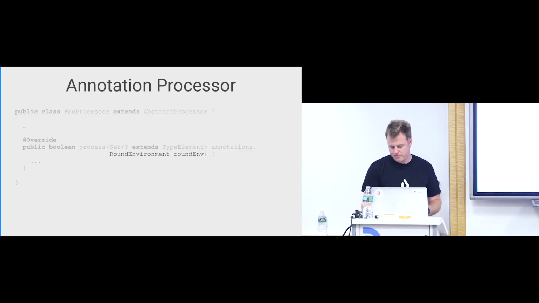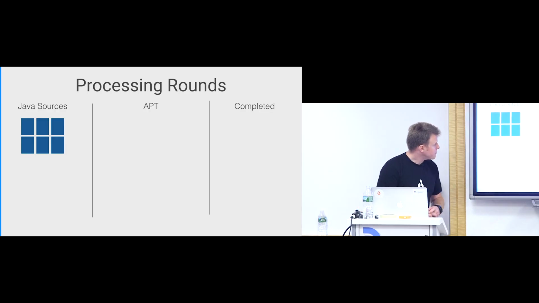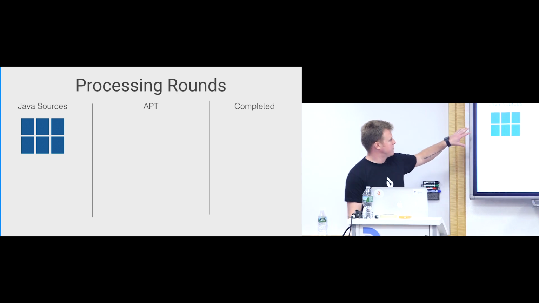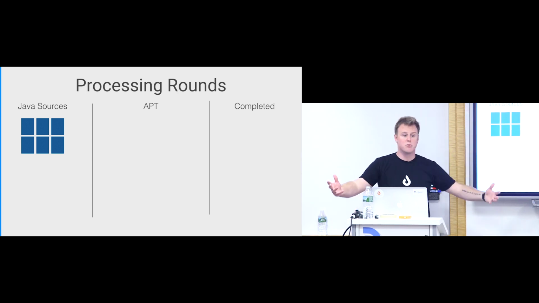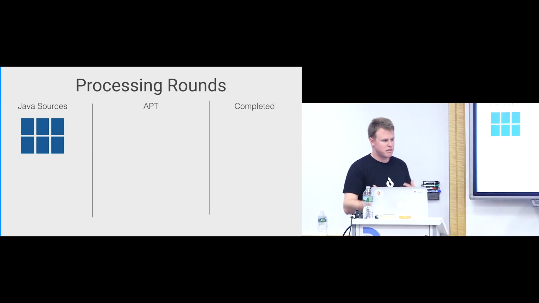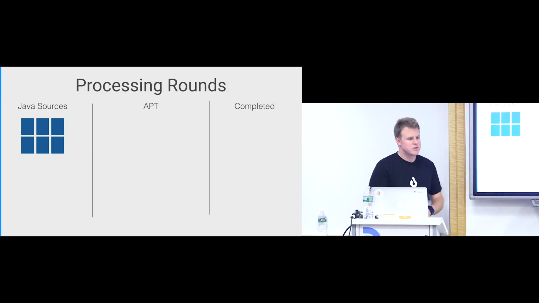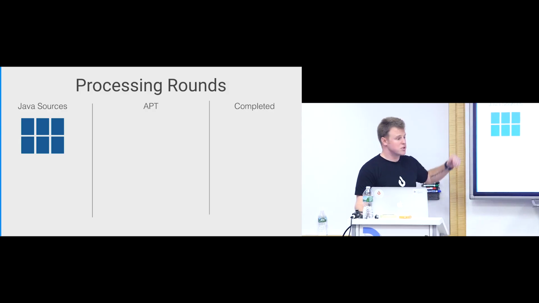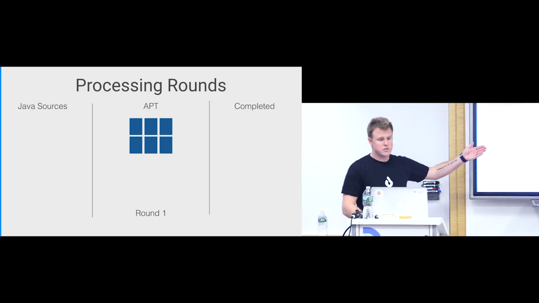In this example, we have Java sources over here, all these blue boxes. These are Java sources that you wrote and annotated with different annotations, right? During the annotation processing cycle, in the first round, when it first starts up, it's going to take those types.